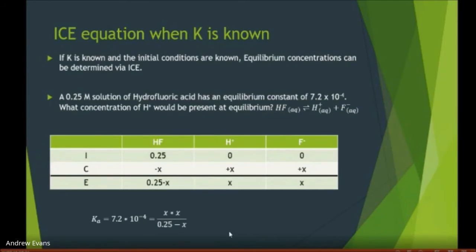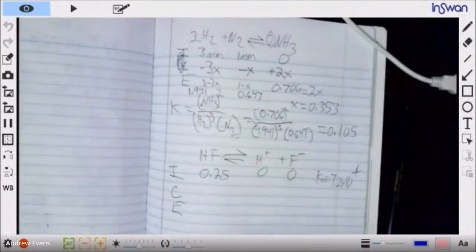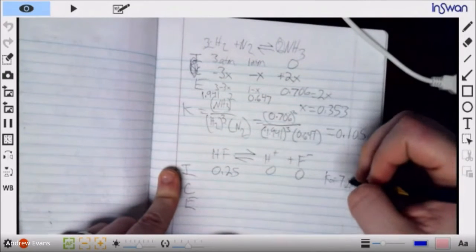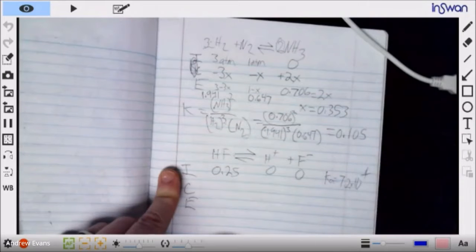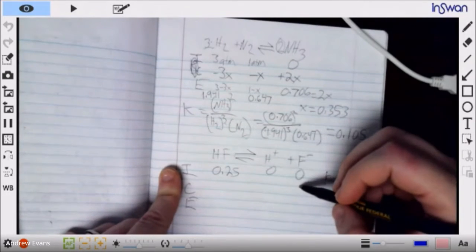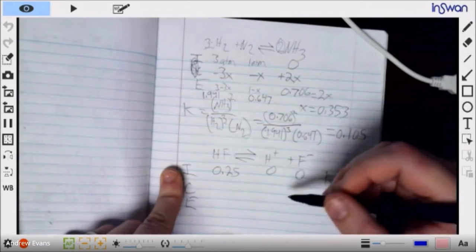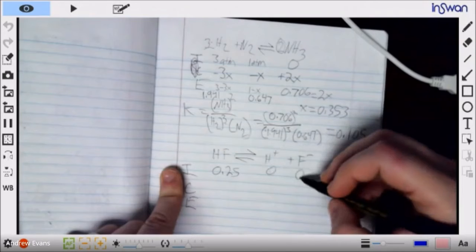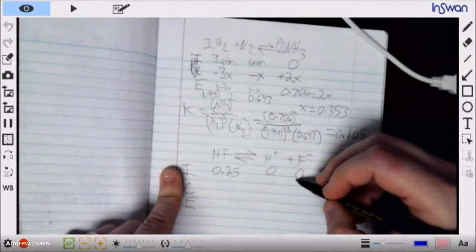So let's show how I got that. Let's go through it systematically. Now, because K is not 0, if K was 0, then these numbers as 0 can hold. But if K is greater than 0, most times it is, there must be some concentration because 0 divided by any number is itself 0.